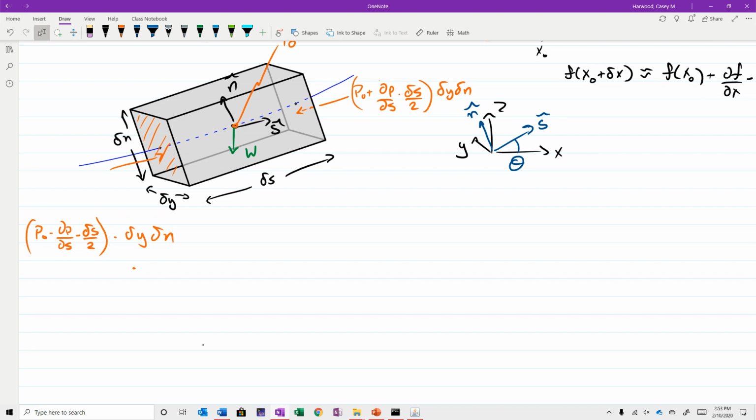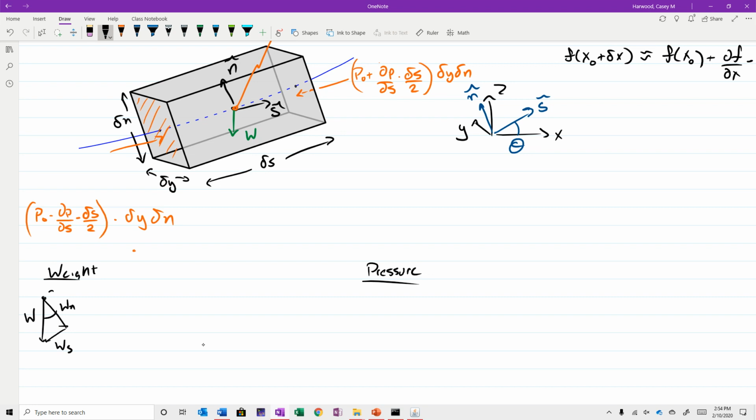So let's go ahead and write out a little bit more explicitly what the weight and pressure forces look like. For the weight, we could do this using classic statics approximations, where we've got the total weight, the weight along the normal axis, and the weight along the streamwise direction, where this triangle has an angle theta that is the same as the inclination of our streamline.